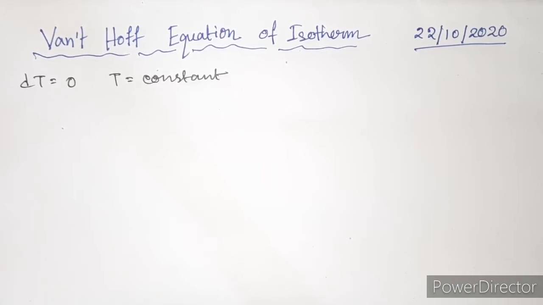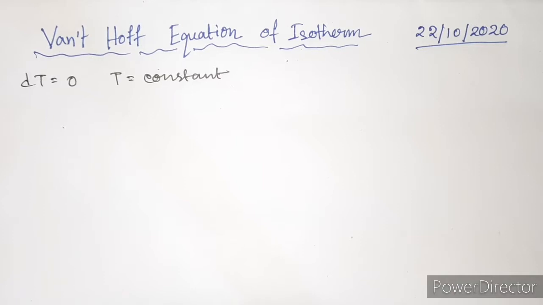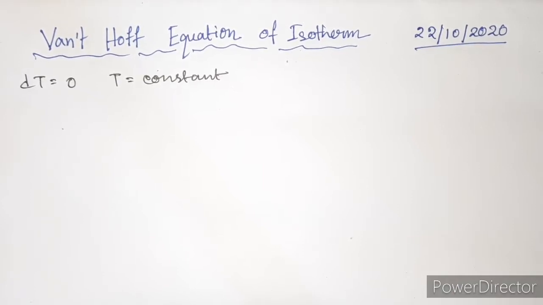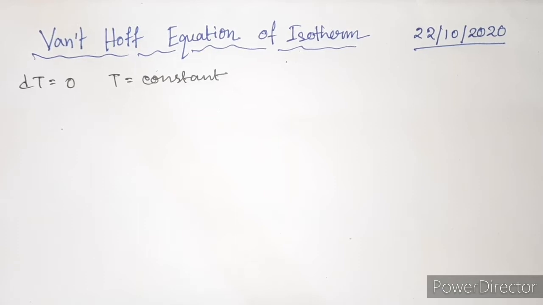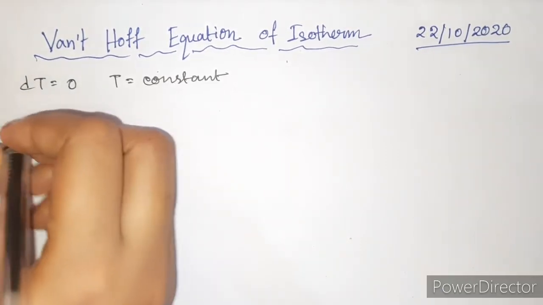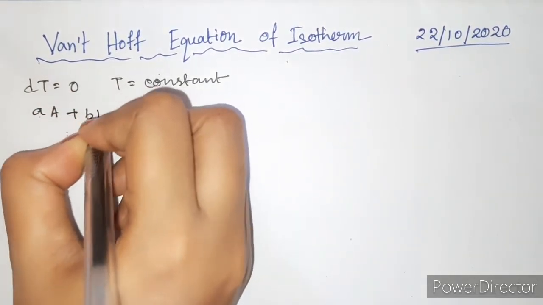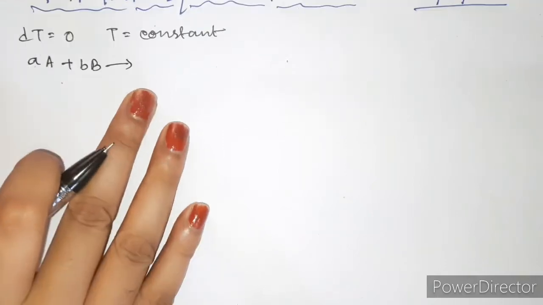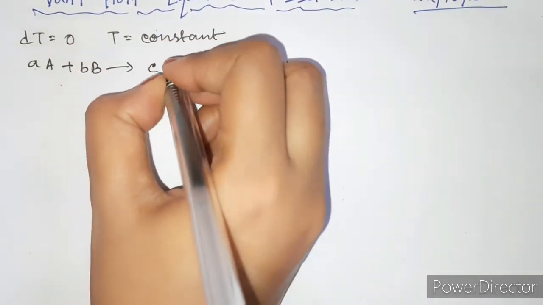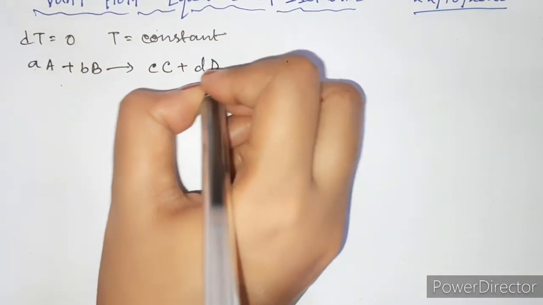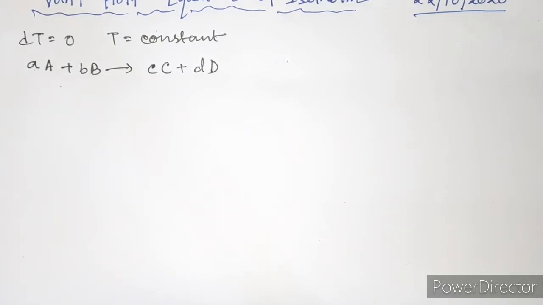Let's start the derivation of the Van 't Hoff equation of isotherm. Let's consider an ideal gas reaction equilibrium. Let the reaction be A plus B to C plus D, and let this be an ideal gas reaction.